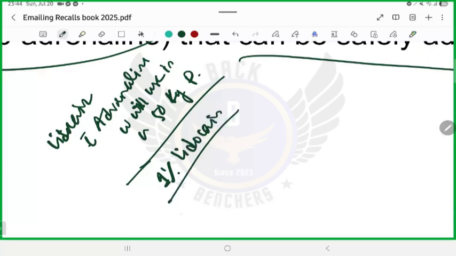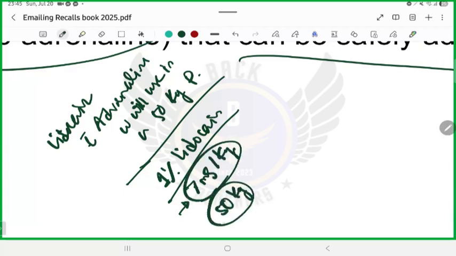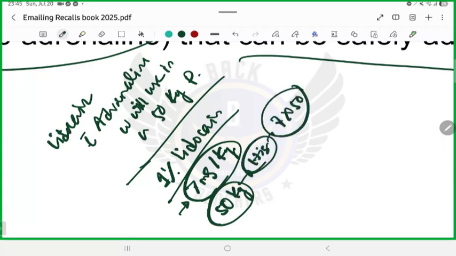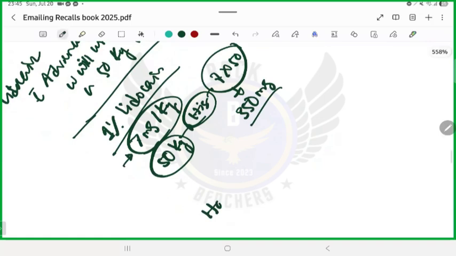In case of lidocaine with adrenaline, the highest dose is 7 milligram per kg. Our patient has 50 kg, so our highest dose would be 7 into 50, that is 350 milligram.